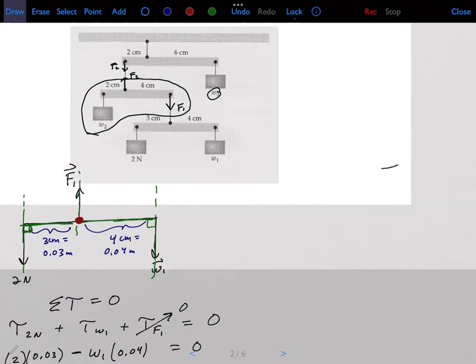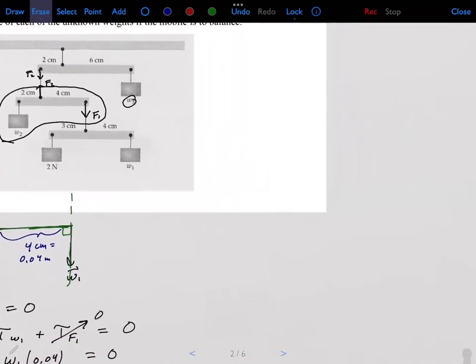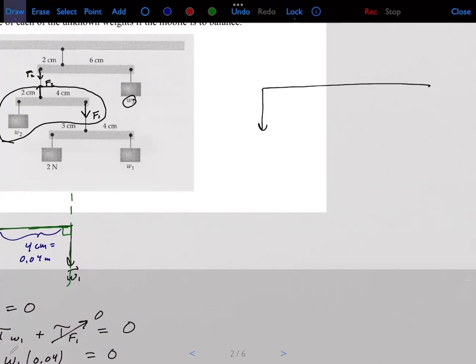So this next piece, let me just do over here. I'm going to draw this as, so this is W2.